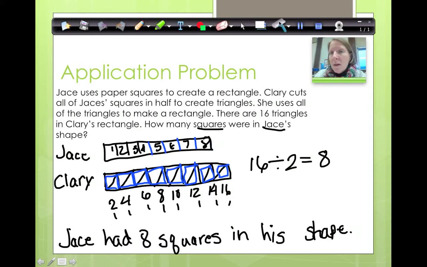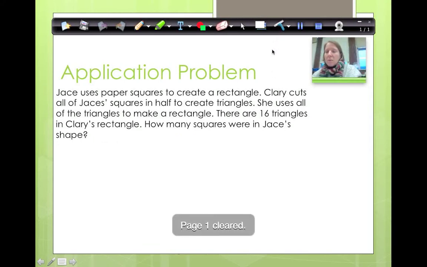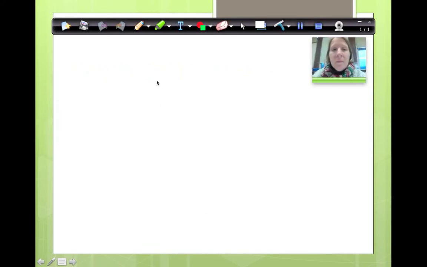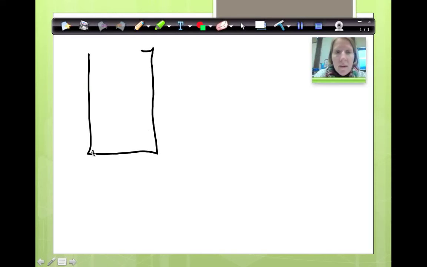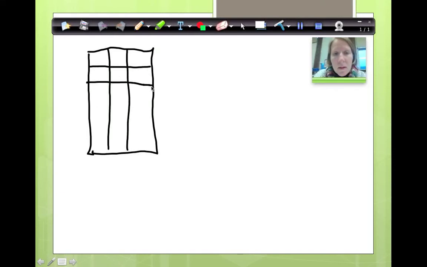Now let's look at the next one. This is what your homework is about. I'm going to draw a rectangle, and let's find the area of this rectangle. Please draw the same rectangle. So we've got 3 columns. Make sure yours has the same number of squares as I do.